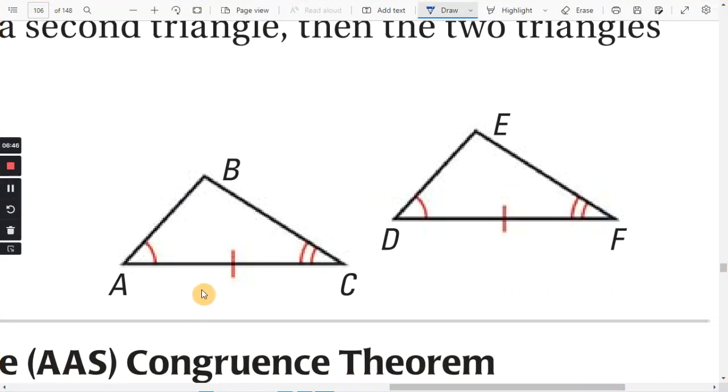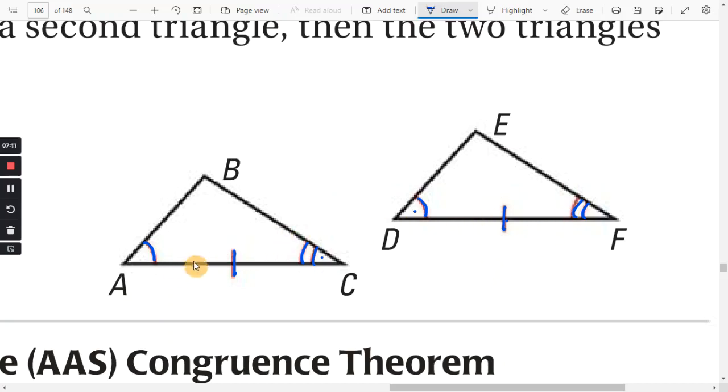All right, notice on the diagram, angle, side, angle. Okay, this angle matches this angle, and this angle here matches this angle here, and in between the two angles, the sides are congruent as well. So the side has to be in between those two angles in order to use ASA.